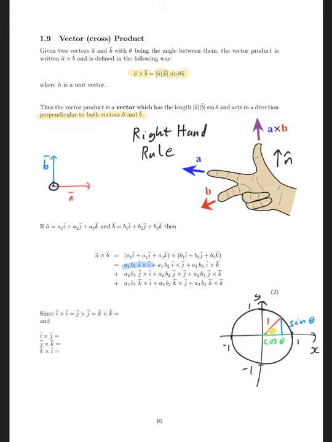So let's apply that to I cross I. Well, I is in the same direction as itself, obviously, so that angle is 0. When the angle is 0, then sine is 0. So I cross I, or J cross J, or K cross K, because the angle is 0, all have a cross product of 0.